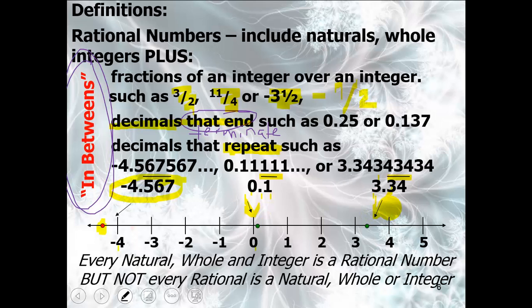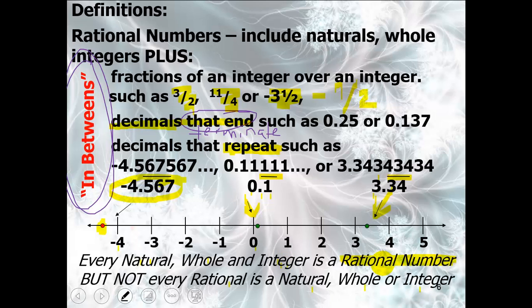Okay? Notice that every natural, whole, and integer is also a rational number. But not every rational number is a natural, whole, or integer. So what this says is if I have 0, it's a whole, it's an integer, and it's rational.